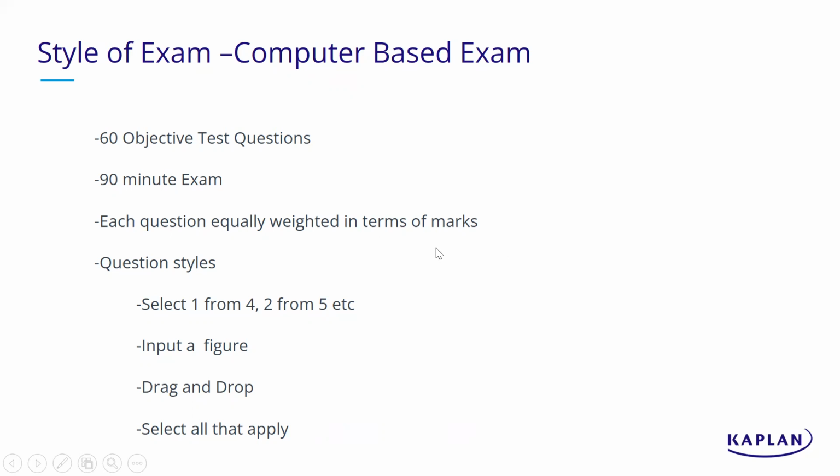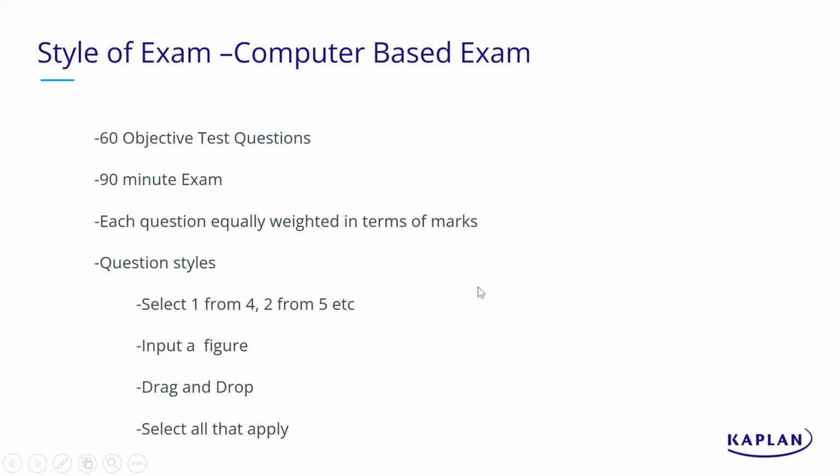Now, in terms of question styles, we have the select 1 from 4 or 2 from 5 type question styles. And we also have questions that ask you to input a figure into a box. So for example, you're asked to compute or calculate a particular figure, and you then have to type that figure into a box, which you'll see on the screen.